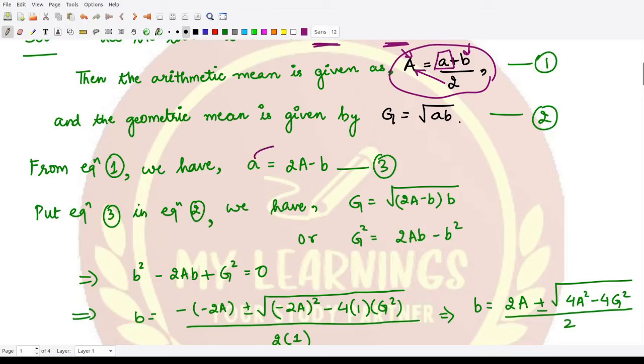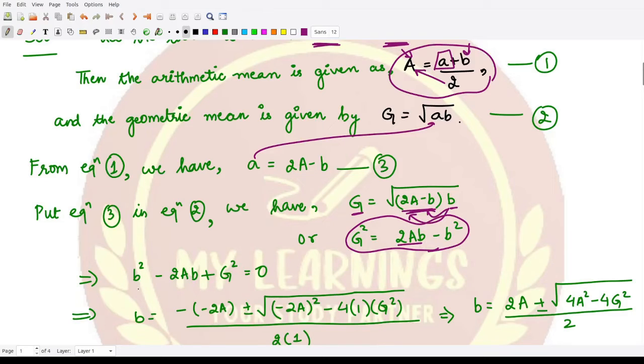Now we will substitute this value of a in equation number 2, so that we would have G is equal to square root of the value of small a, which is 2A minus b, multiplied with b. We can square both sides, so that G square is equal to 2Ab minus b square, multiplying this b inside. And now we can rearrange the terms here.